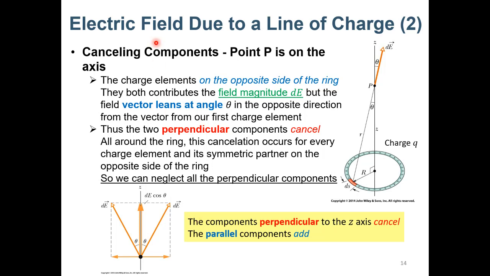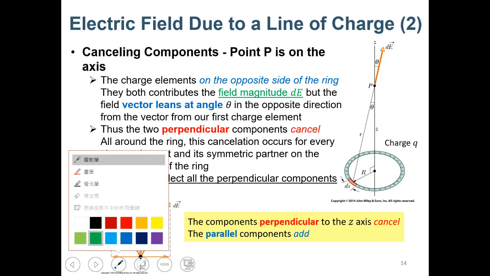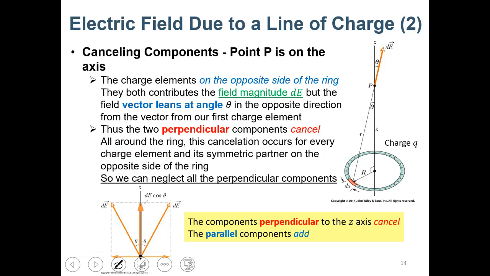Okay, the charge element on the opposite side of the ring. So it cancels some of the components because, as you can see here, the E field generated by the ds is something like this.